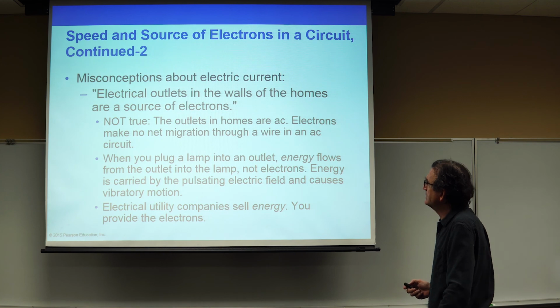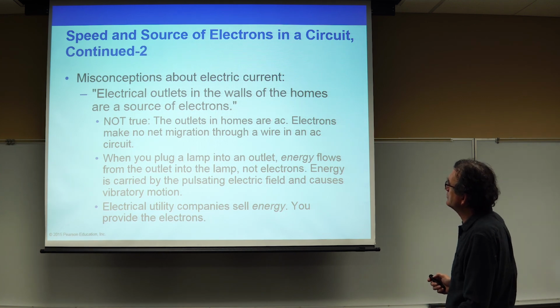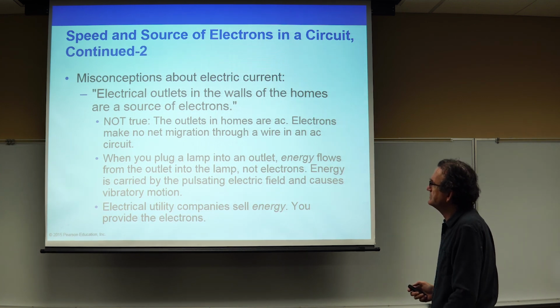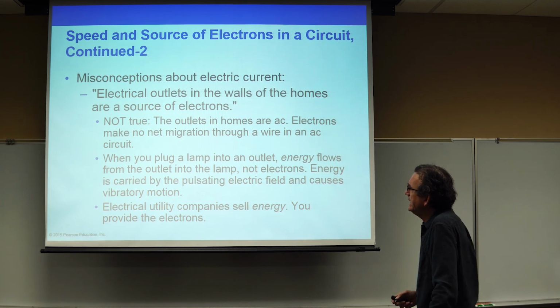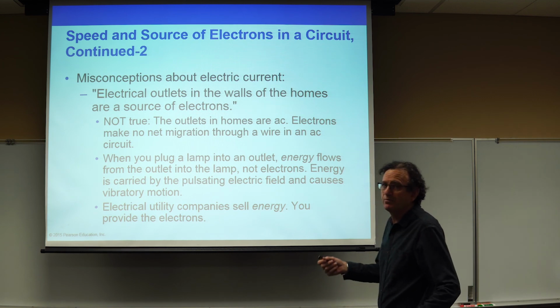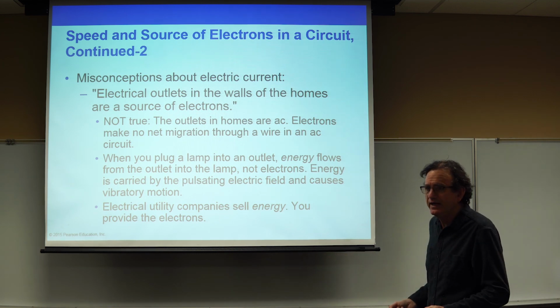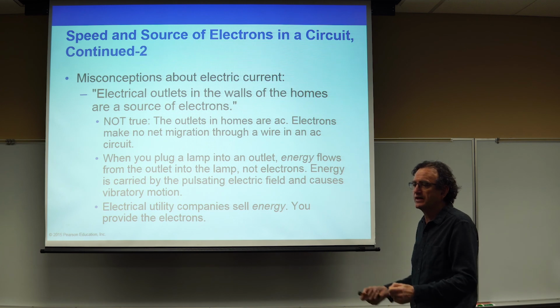Another misconception: electrical outlets in the walls of the home are a source of electrons. No, the outlets in homes are alternating current. Electrons make no net migration through a wire in an AC circuit. It's also true that when you buy the wire from the store, it comes as a conductor with all the electrons in it.